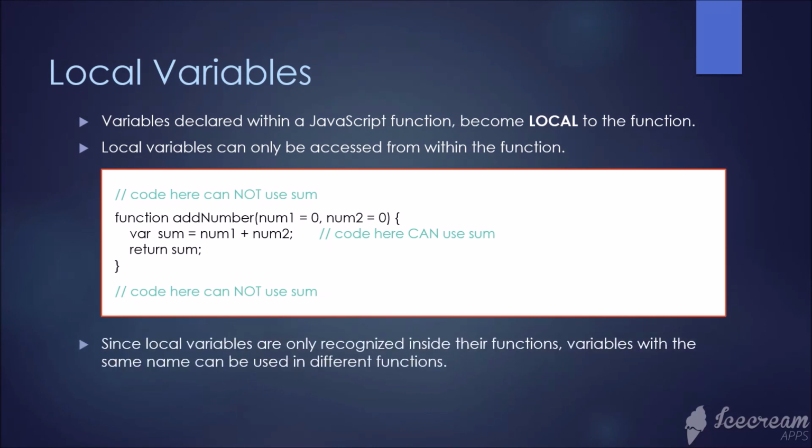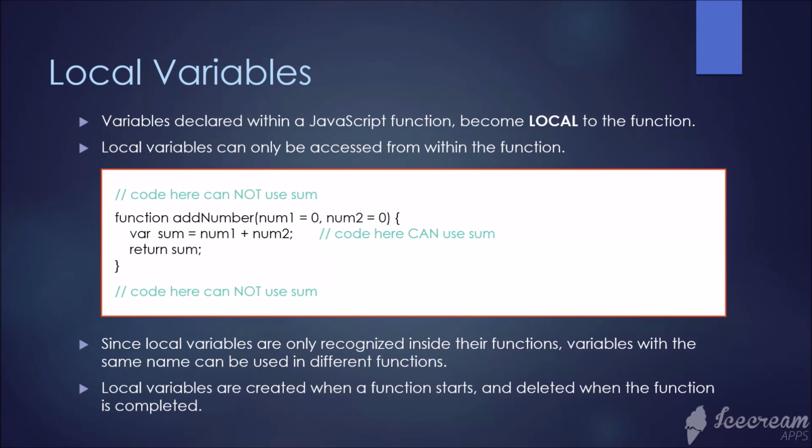So since local variables are only recognized inside their functions, variables with the same name can be used in different functions. Okay? So local variables are created when a function starts and deleted when the function is completed.